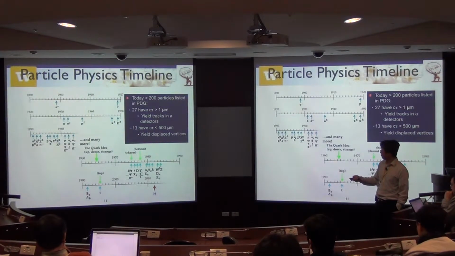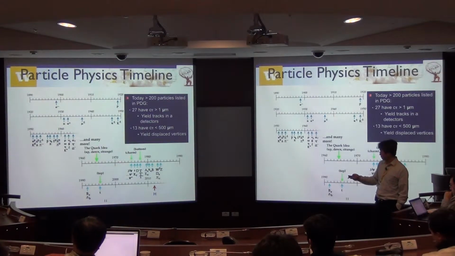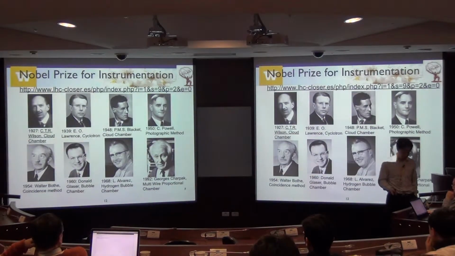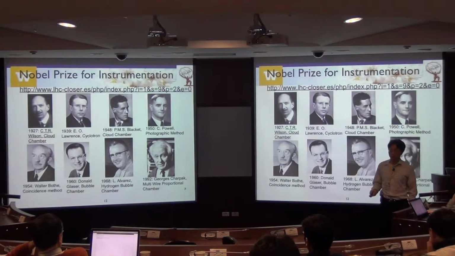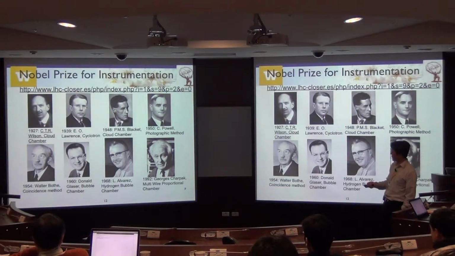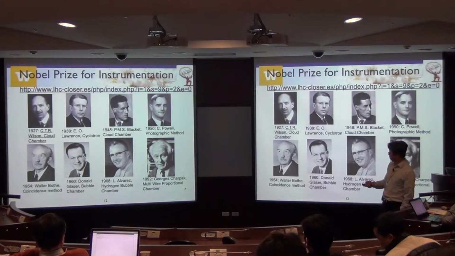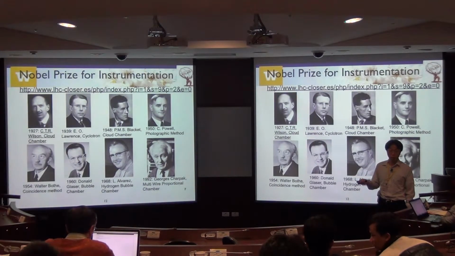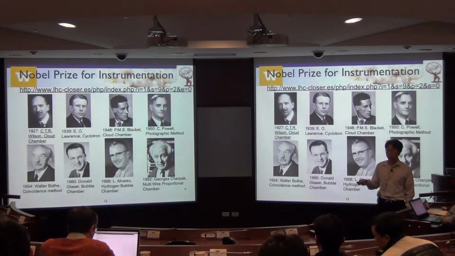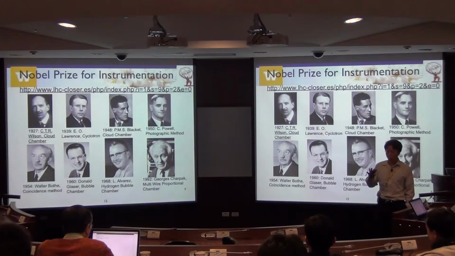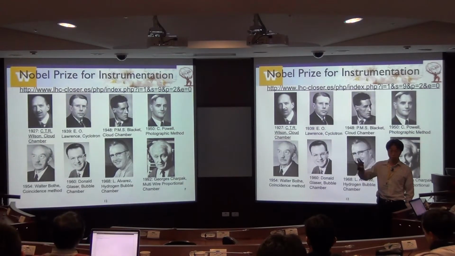Some of the people behind the detection instrumentation of particle physics are listed here. These are the Nobel Prize laureates who invented the innovative instrumentation technology and moved the particle physics field forward.